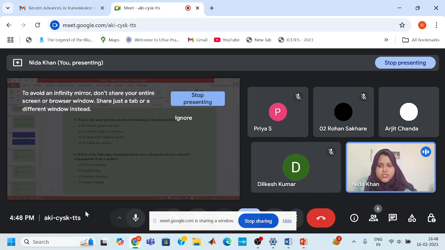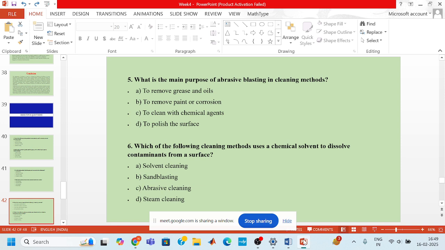Now the next question is which of the following cleaning methods uses a chemical solvent to dissolve contaminants from a surface? First is solvent cleaning, second is sandblasting, third is abrasive cleaning, fourth is steam cleaning. Solvent cleaning. Okay, anyone else?